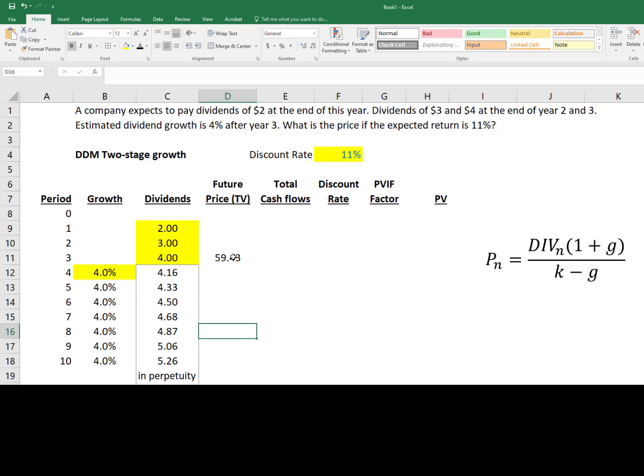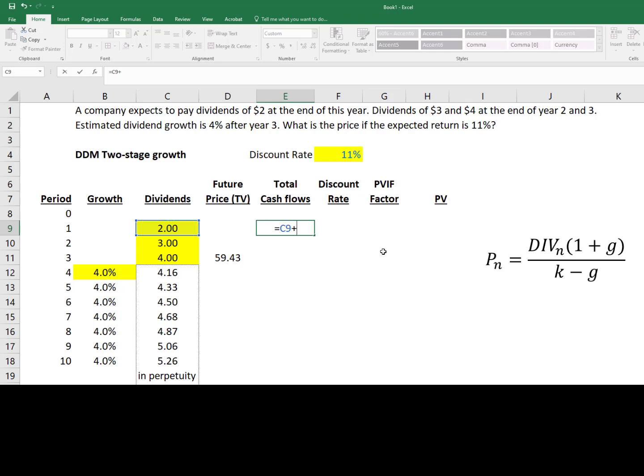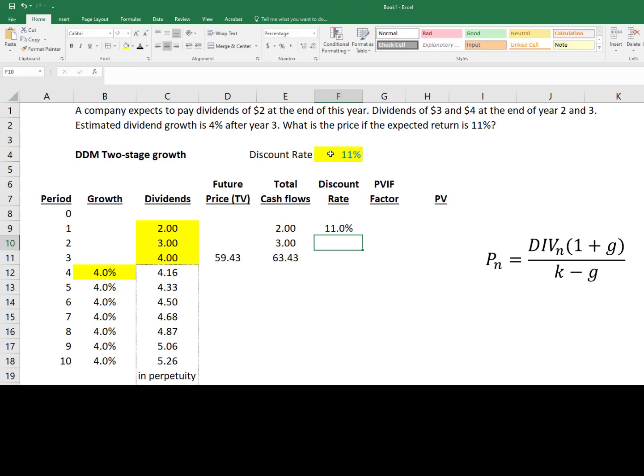So what we want to do is sum up the cash flows: the cash flows from the dividends plus the terminal value. We can simply drag this down, and you can see that the cash flows are now at $2, $3, and $63.43. We're going to refer to our discount rate, and here I'm going to use absolute referencing using dollar signs. I just hit F4 for adding dollar signs for both, and I drag that down.